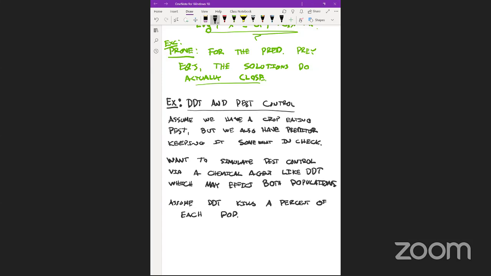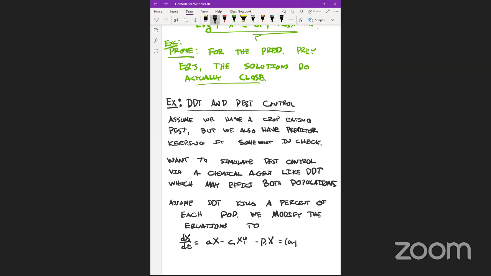So we modify the equations as follows. dx/dt is going to be our equations from before, ax minus c1xy, but now we're going to kill some percentage off. This is just going to shift the value of a a little bit.